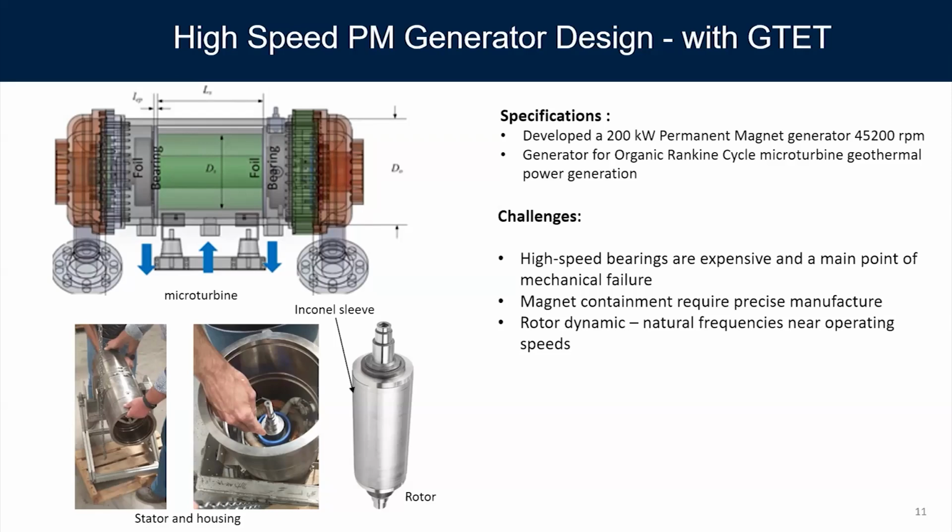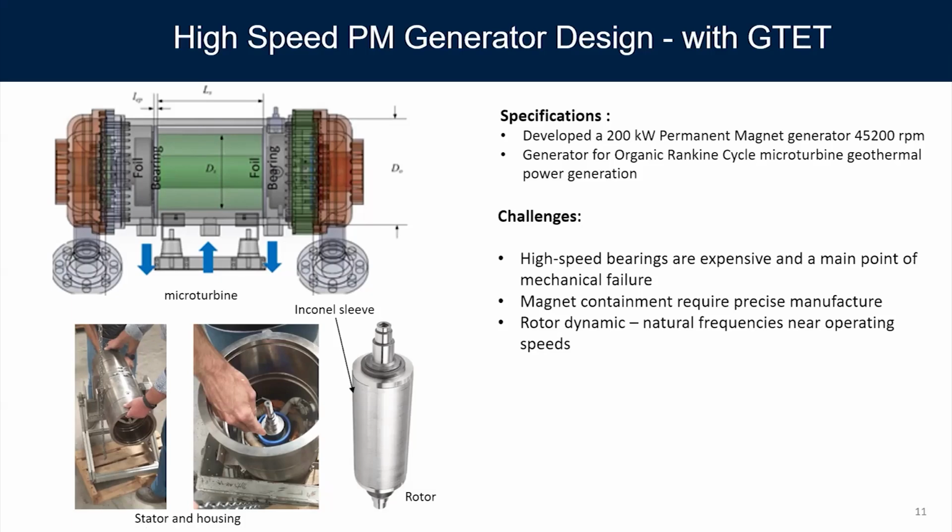However, when you go into high speed machines, you would be running at 20,000 RPM, where the natural frequency of the machine, where it starts vibrating, is also the same as the speed at which you are operating. So there's a rotor dynamic or natural frequency issue that becomes critical when you're running high-speed machines. So that's another critical issue.